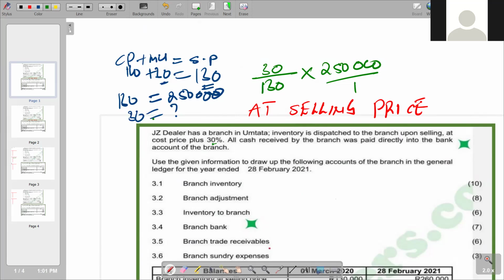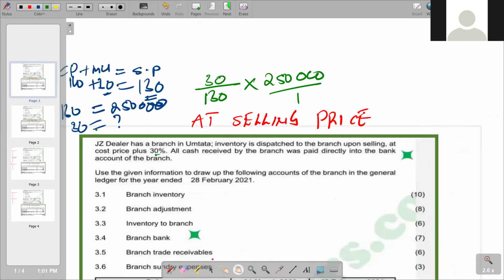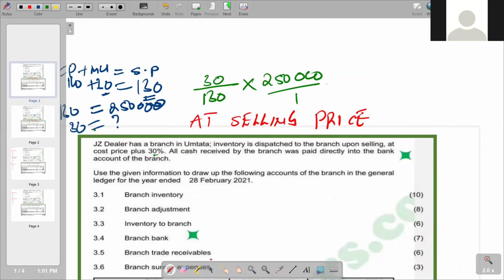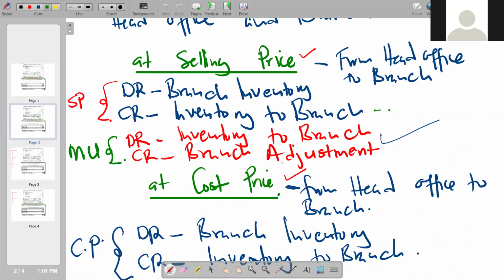So we see that the figure that we are going to get, if you round it off to the nearest rand, becomes 57,692. So basically, this is the one that we are going to make the second double entry with, by debiting inventory to branch and crediting branch adjustment.